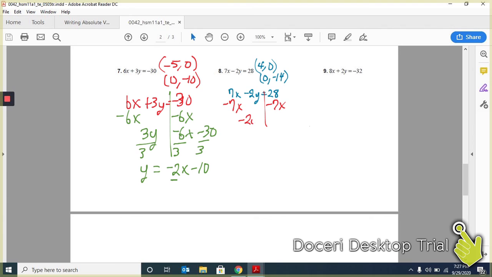So there's your slope. Last one, folks. Last one.